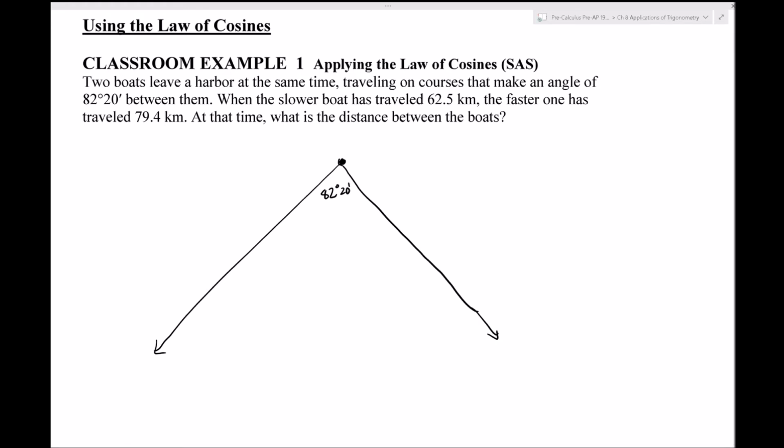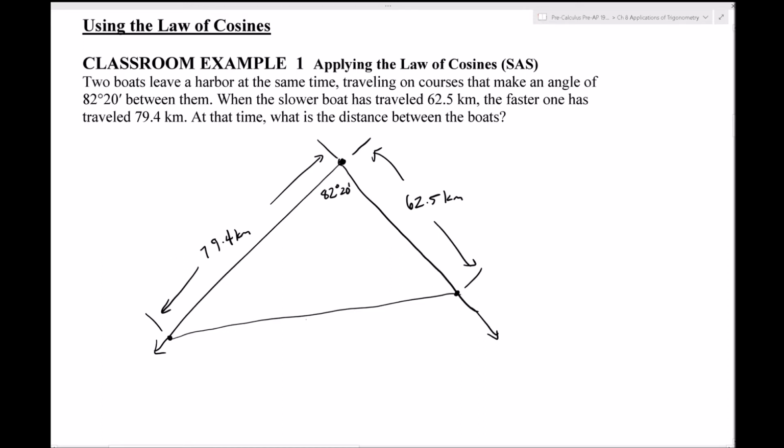When the slower boat has traveled 62.5 kilometers, let's say here. So that's 62.5 kilometers. The other one, the faster one, has traveled 79.4 kilometers. At that time, what's the distance between the boats? So they want this distance.